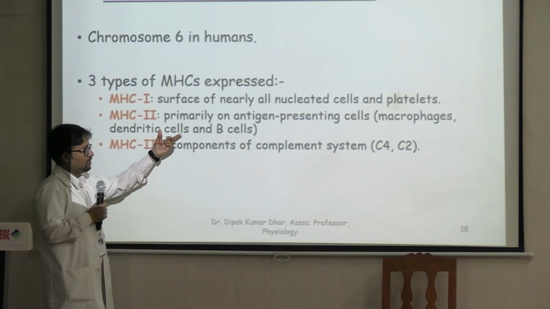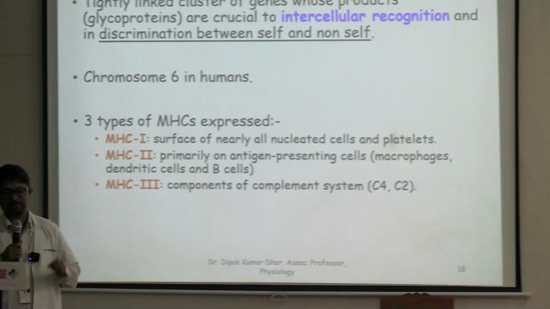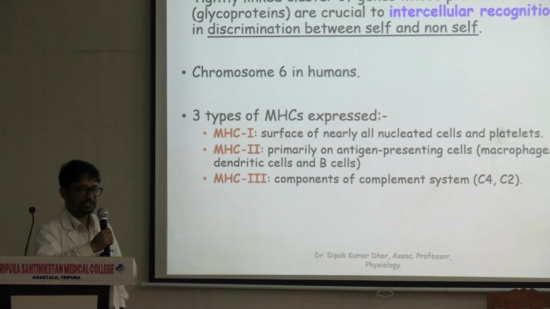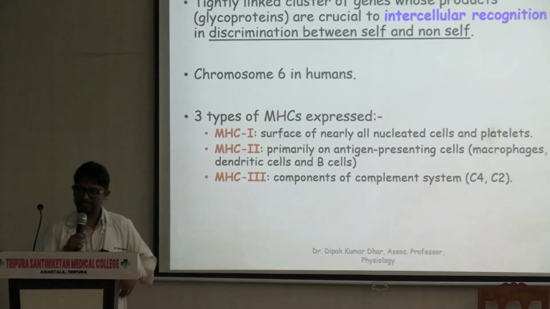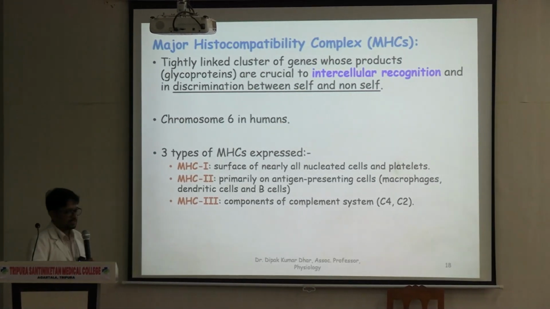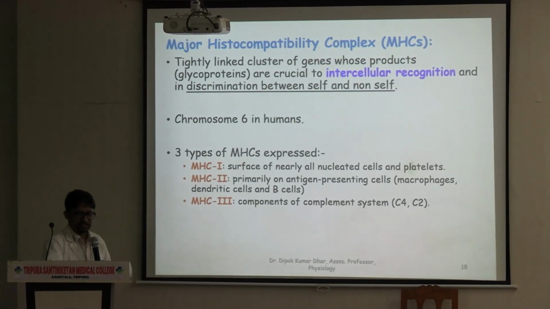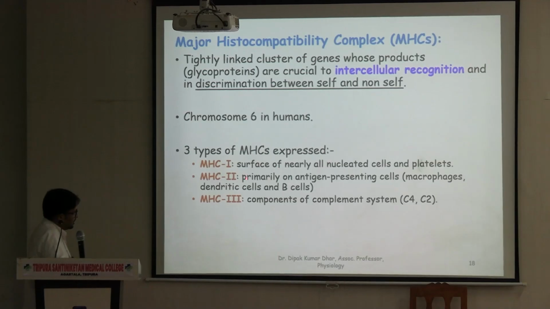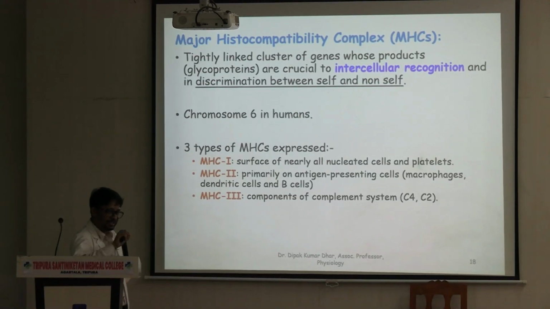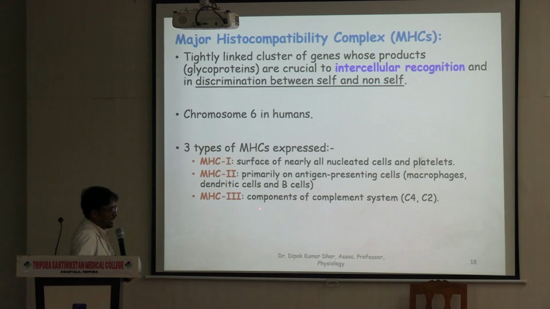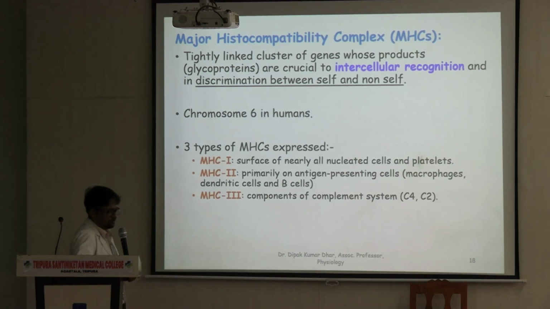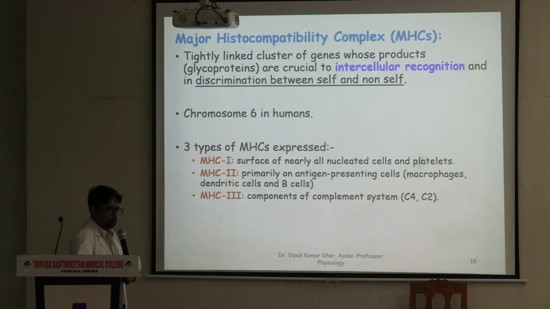MHC2 is present specifically on the surface of antigen presenting cells. Macrophages function not only as phagocytes but also as APCs. Dendritic cells and B cells also function as APCs. So from these two statements, the point to be read in between the lines is that MHC2 is present on the surface of macrophages, the APCs, which are also nucleated.